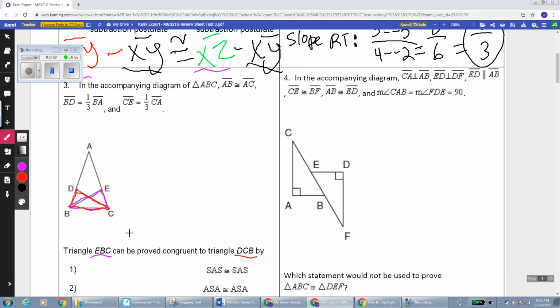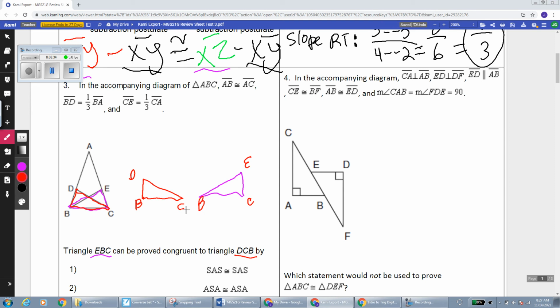Because those triangles are on top of each other, overlapping, I'm going to draw them separately so we can see things a bit more clearly. So let me draw the purple one. Okay, so that's E, this is C, and this is B, that's D, that's B, and this is C.